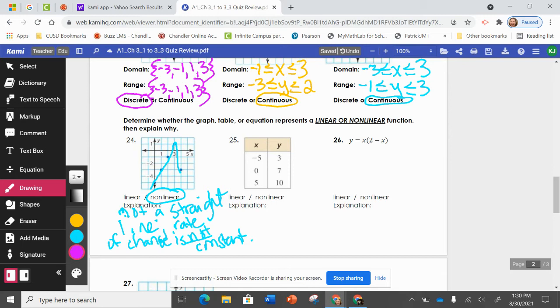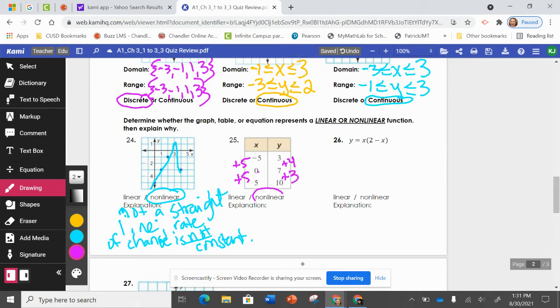For 25, I'm not quite sure because I don't have a graph, but I can look at, well, negative 5 to 0 is adding 5. 0 to 5 is adding 5. So those are the same. Over here for y, 7 to 3 is adding 4, and 7 to 10 is adding 3.